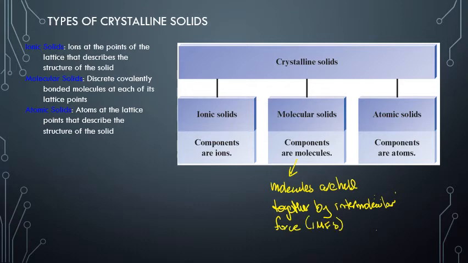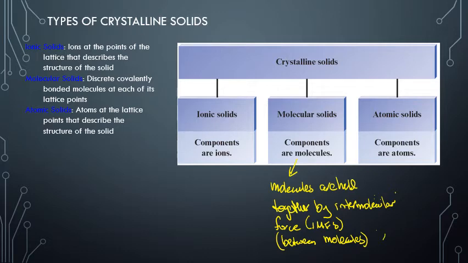And so as a result, again, these are between the molecules, not within the molecules. And so that force of attraction is much weaker. So your molecular solids typically will have much lower melting points or boiling points because you're only breaking the interactions between the molecules, not the bonds within them.